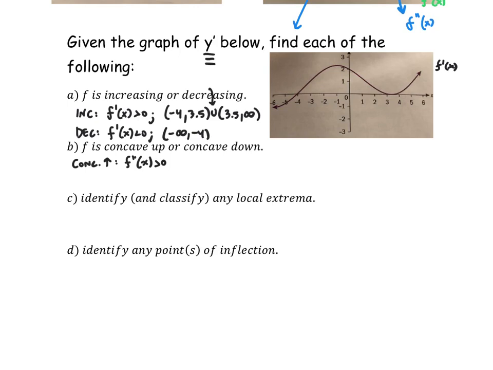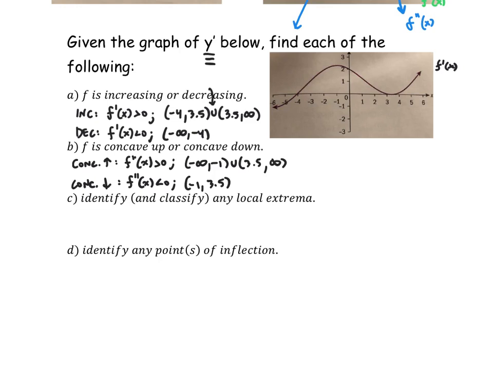So -infinity, -1, and 3.5 to infinity. Now these typically are complements of each other. By that I mean the two of them set up the entire real number system, but not always, because we're not technically including -1 and 3.5. So it's just complements of each other in that way, okay?